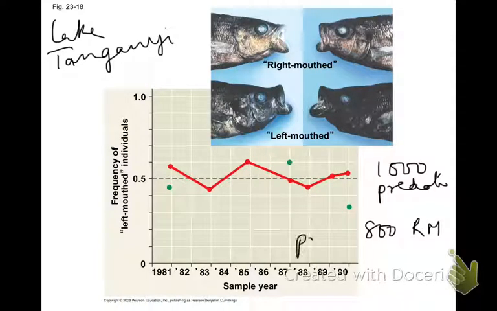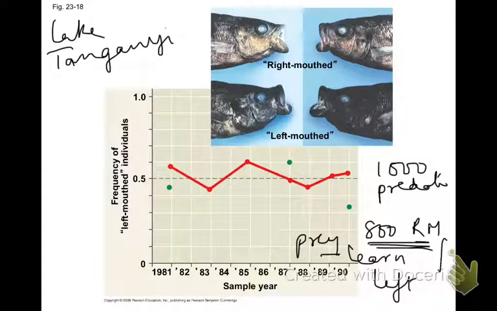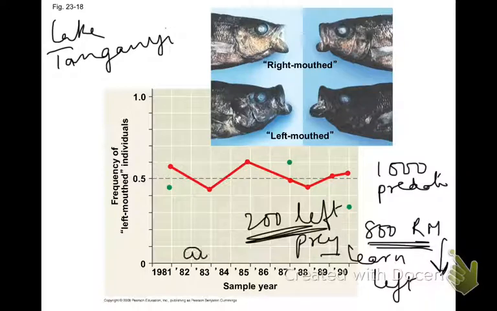So all of the prey species learn to swim on the left side. So what happens? This number decreases and the 200 left-mouthed fellows get ample food and they increase in number.